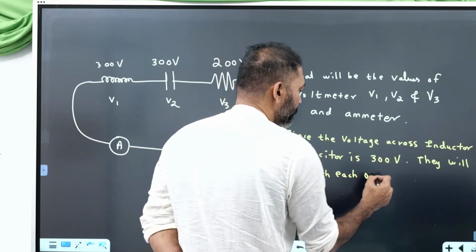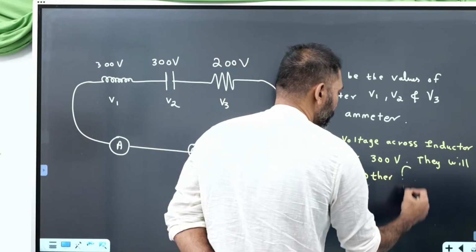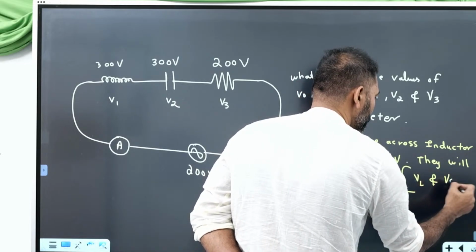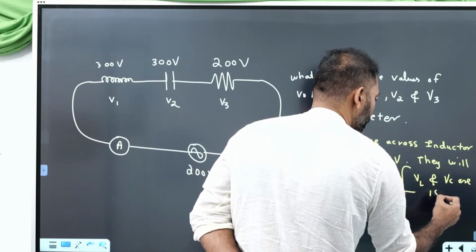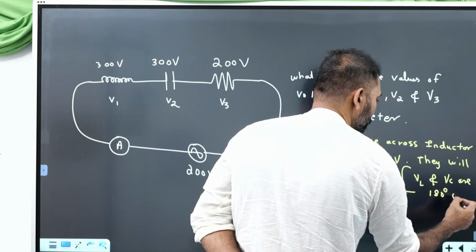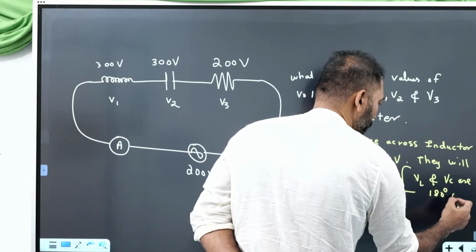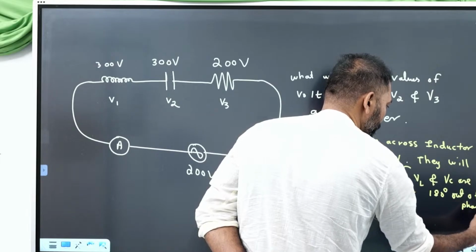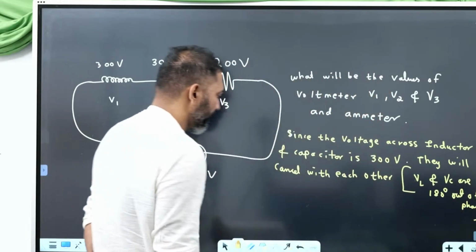Because we know that VL and VC are 180 degree out of phase. So what will happen? They will cancel with each other.